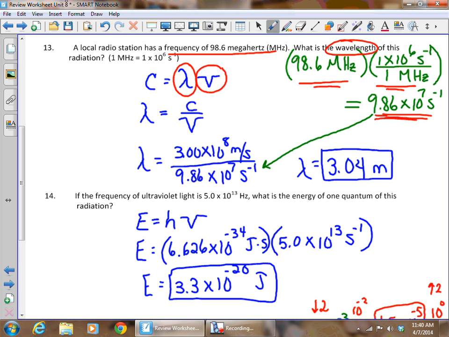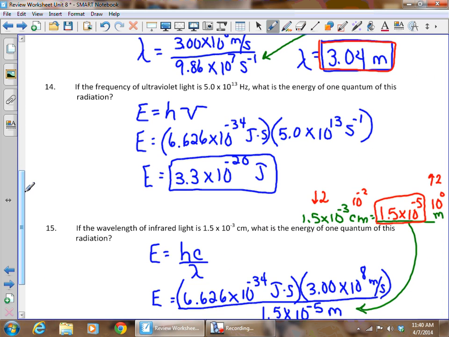Once I plug those values in, then hopefully you've gone through and looked at how that turned out in your calculator, and hopefully you got the answer 3.04 times 10 to the 0, if you wish to, but remember we can leave off the times 10 to the 0 part and just put 3.04 meters. So that's the first type of problem.